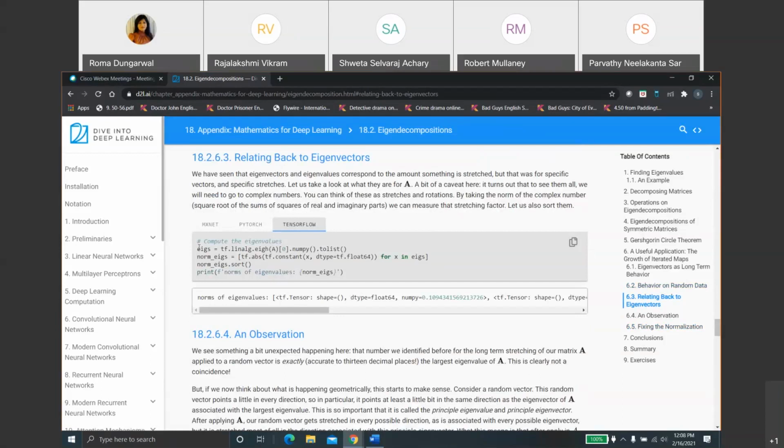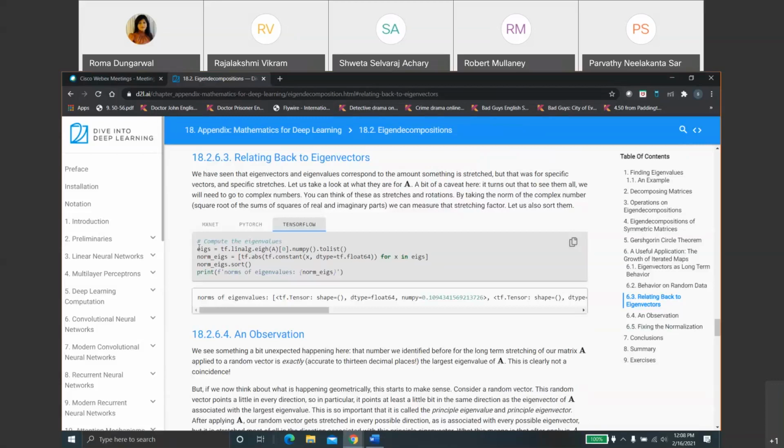Remember the formula, what we did: determinant of A minus lambda I equals 0. That is how we used to determine the eigenvalues mathematically. For TensorFlow, we will use norm to determine eigenvalues for a matrix.